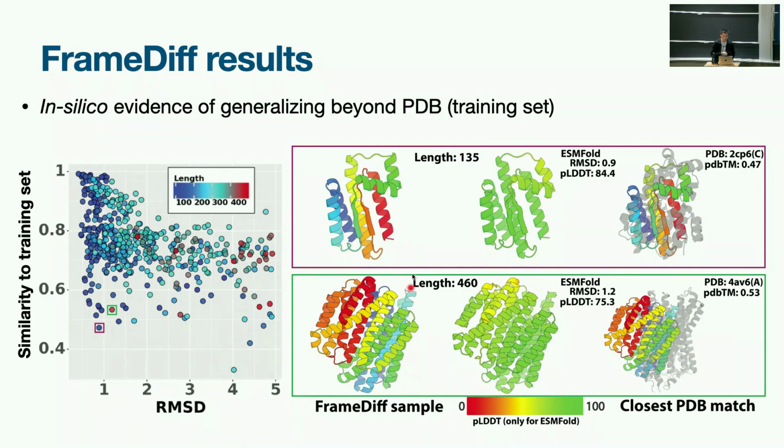These are two proteins that the model generates, one kind of short and one kind of long. Then we look in the PDB, which is the dataset, for the most similar protein, and that's overlaid in gray, where you can see that these two proteins are extremely different and these two proteins are extremely different as well. So the model is able to generalize and learn beyond the training set, which is a very good indication for this model.